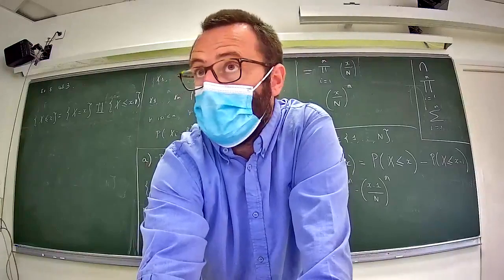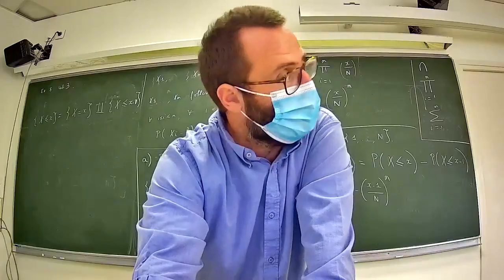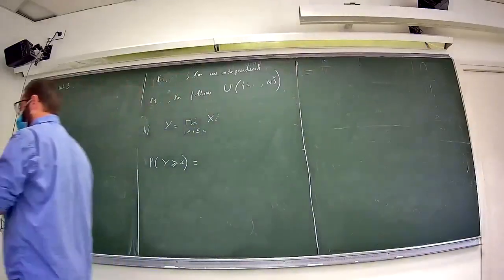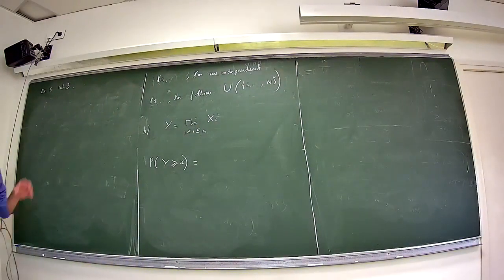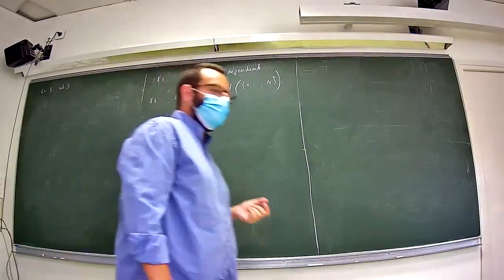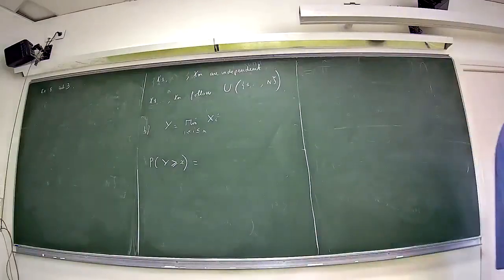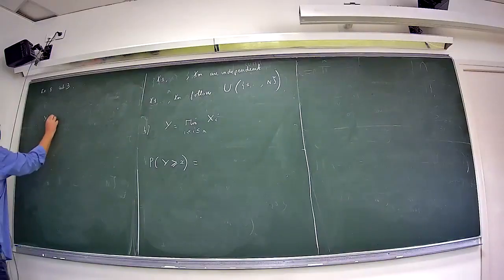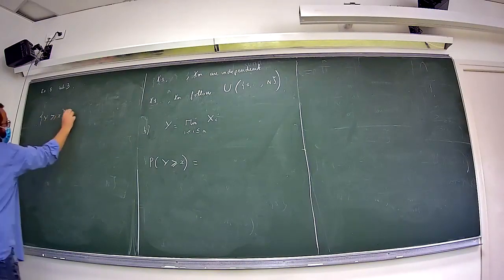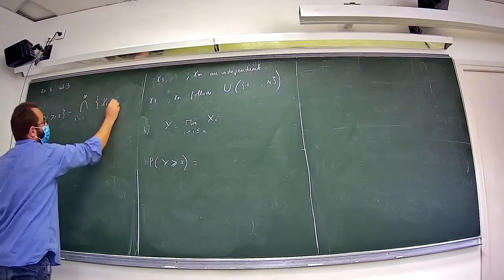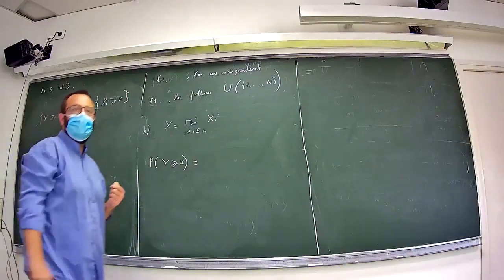Well, try to do the same for the minimum by yourself. Now I am interested in the minimum. So concerning the minimum, once again I want to compute the distribution, that is the probability that Y is equal to small x, but to do this I have an intermediate step, that is to compute the probability that the minimum is greater than x, because Y greater than x can be written easily as: they are all greater than x.